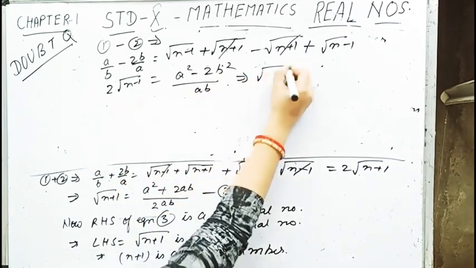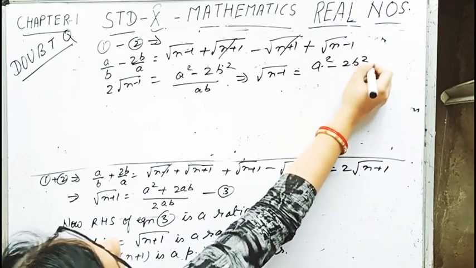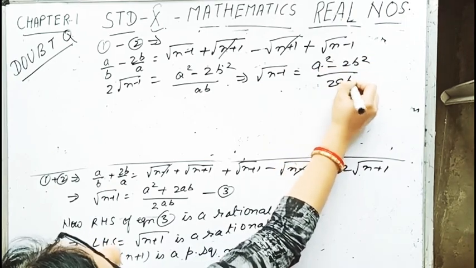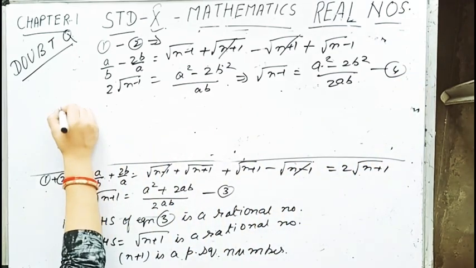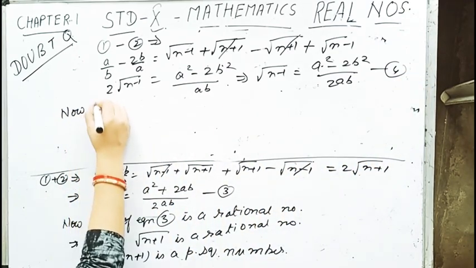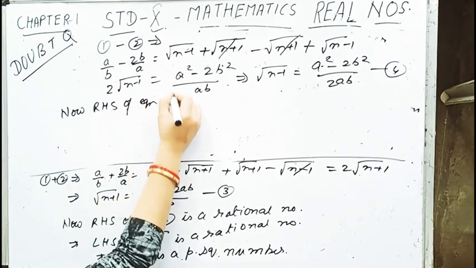This implies √(n−1) = (a² − 2b²)/(2ab). Let's write this as equation 4.